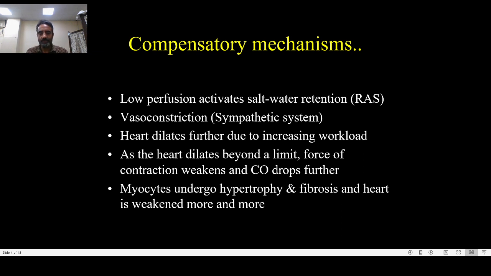There is increased workload due to water retention as well as vasoconstriction, and that leads to further dilatation of the already dilated heart. As the heart dilates beyond a limit, the force of contraction weakens and cardiac output drops further. The myocytes undergo hypertrophy and fibrosis, and the heart is weakened more and more. That is what is called cardiac remodeling, or heart remodeling.